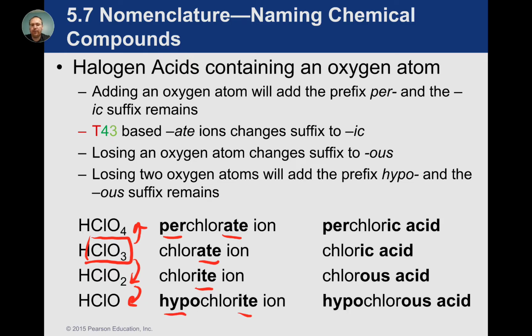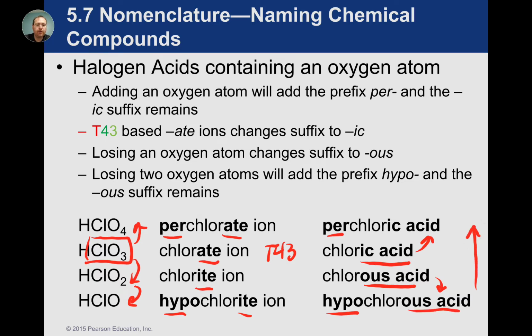So the clue here is you still have to recognize T4-3. If you recognize T4-3, you're going to recognize the ic acid. If it has more oxygens, it's still an ic acid, but you add per, just like the perchlorate ion. And if you have fewer, it's going to go to an ous. That's because you came from an ite. But if you lose even more from an ite, from what you would predict, that's when we add the hypo, but still an ous. So ate is still up.